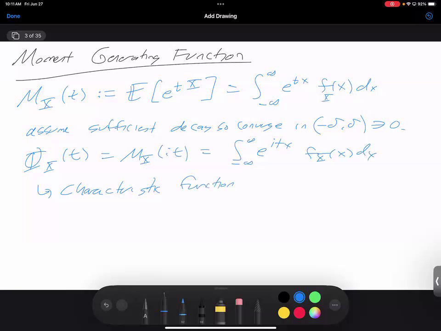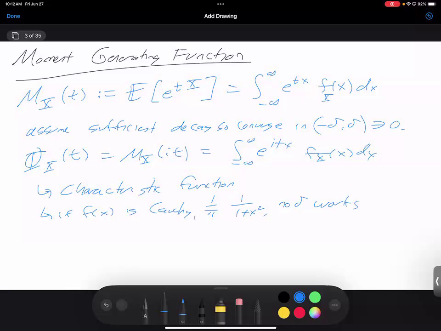One of the huge advantages of the characteristic function over the moment generating function is that the characteristic function always exists. It's nice to work with objects that are present. You can do a lot more with them. If I give you, for example, f of x is the Cauchy distribution with the density 1 over pi, 1 over 1 plus x squared, that integral is not going to exist in the neighborhood of the origin. So, if your f of x is Cauchy, no delta works.